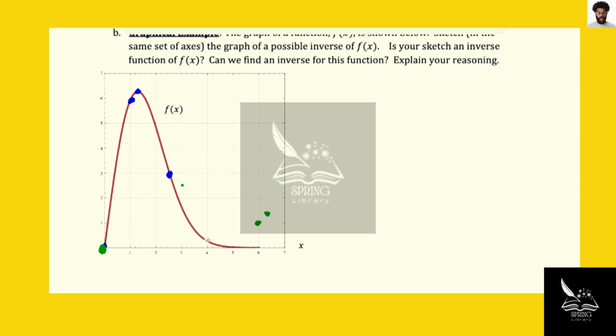If I pick a point like 4 and then it looks like maybe 2 tick marks, then it would be 2 tick marks, 4. So it would look like the following.